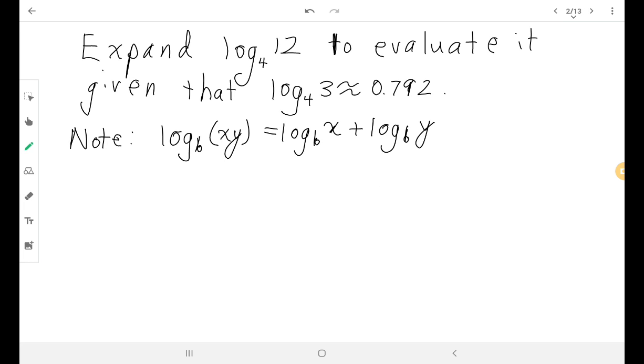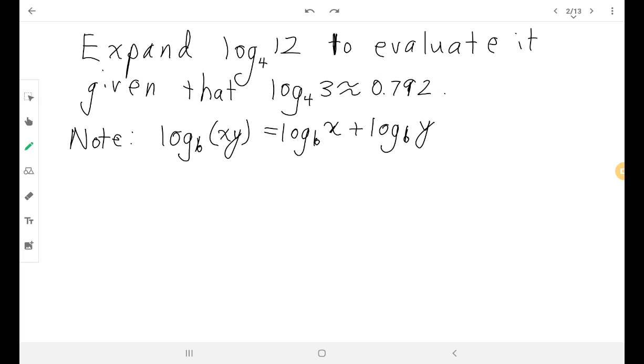We want to expand this, which reads log base 4 of 12, to evaluate it given that log base 4 of 3 is approximately equal to 0.792.